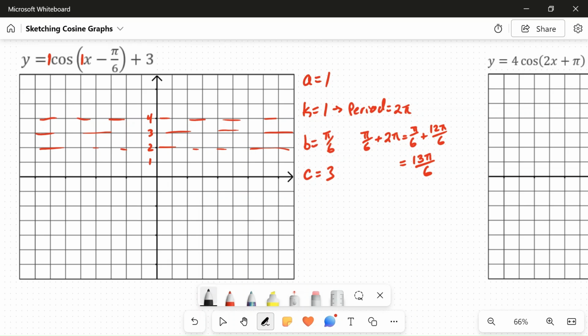So let me not use the y-axis that's in there. Let me travel, we'll go way over here. So let's say this here is the y-axis. Okay, hopefully I went enough.